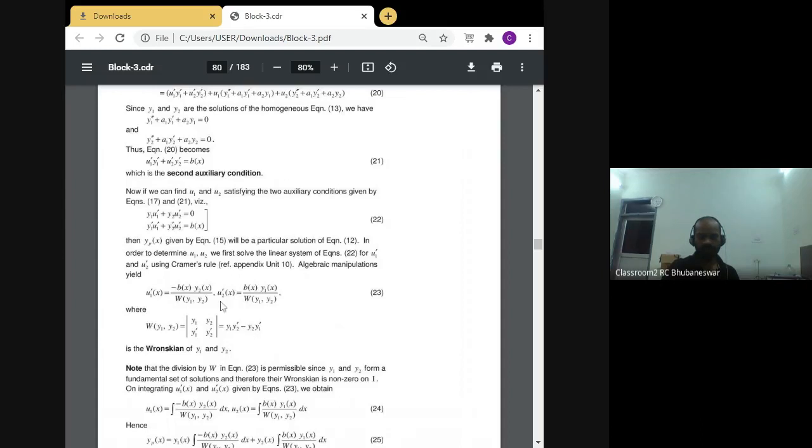Basically, this is the relation which will develop a complete formula to find the solution of a differential equation using the variation of parameter method, and that has been written here in equation number 24.